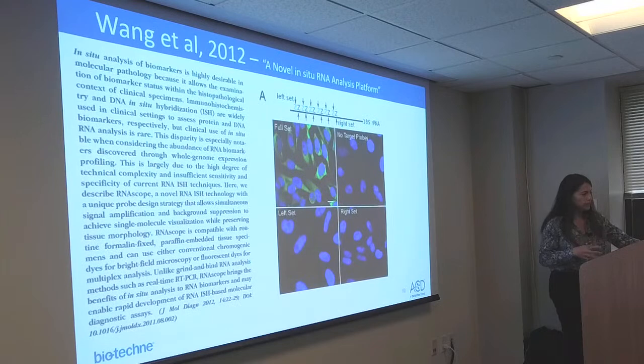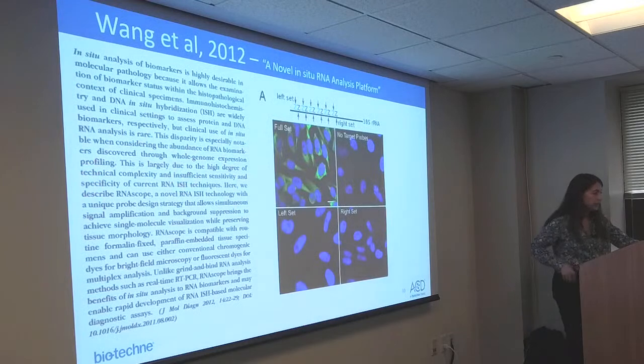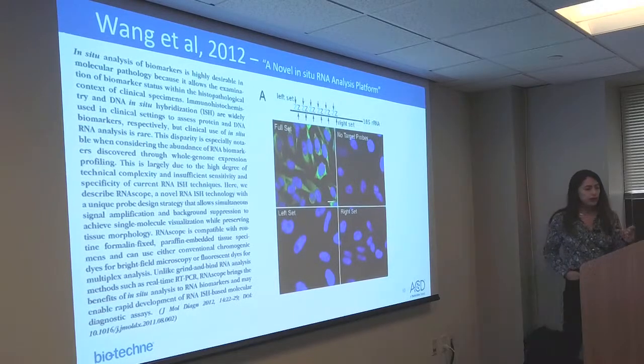So I'll break down some of the figures in the paper, and this one is the beginning of our understanding and description of what I'm going to snap forward to, which is this double Z probe design. I'm going to go back to the original figure. So what you're seeing here is the validation of our unique method. When I look at your transcript, I'm actually going to probe for your transcript with two Z's, a left one and a right one.